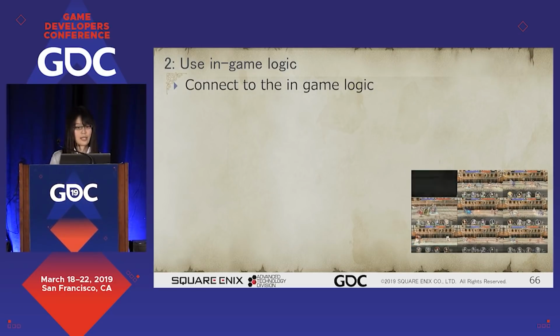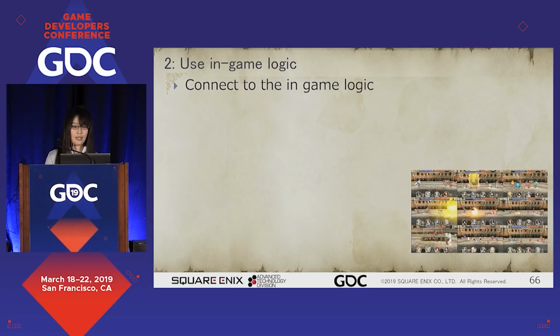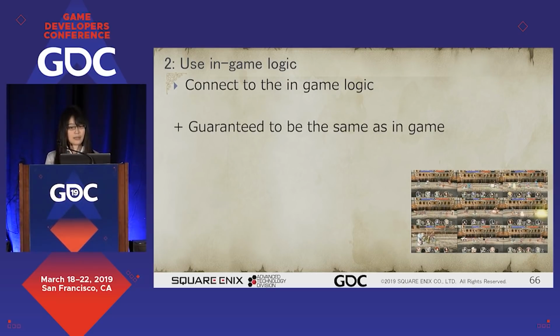The second idea is to connect the GA directly to the in-game logic and actually play the battle in the game. This idea can guarantee that the battle progress will be the same as in the game.